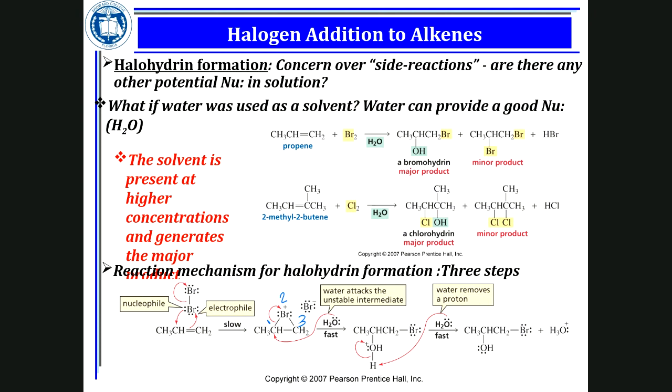Bromine, carbon 1, or carbon 3? Definitely not bromine, right? Why not bromine? Because bromine, just like oxygen, has high electronegativity. If it has high electronegativity, it doesn't like the plus charge. So the plus charge is not stable on bromine. Now, bromine is out of the question.